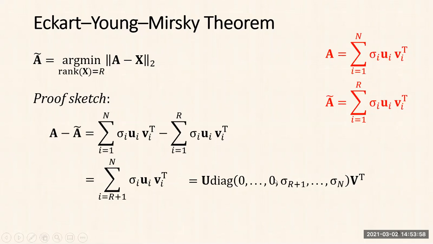So which one of these is the highest? Sigma r plus 1, exactly. And U is a unitary matrix. So since U and V transpose are both unitary matrices, I just have to look at the L2 norm of this diagonal matrix, which is equal to sigma r plus 1.